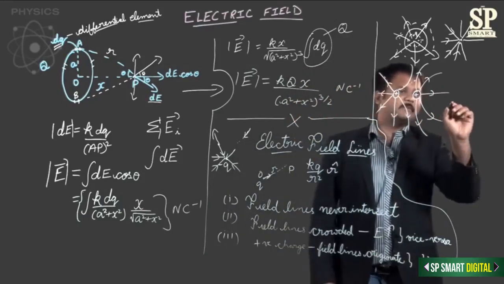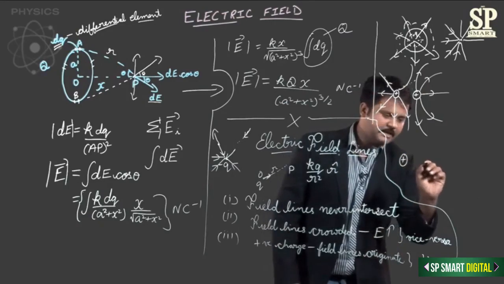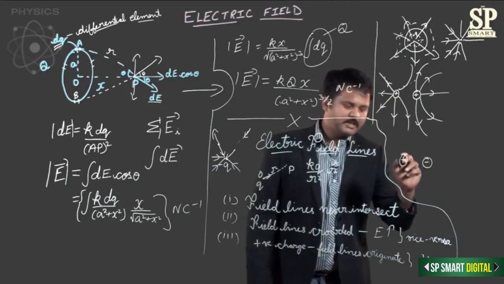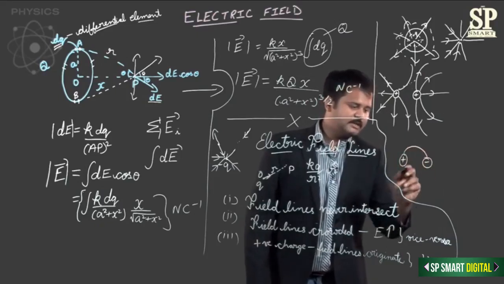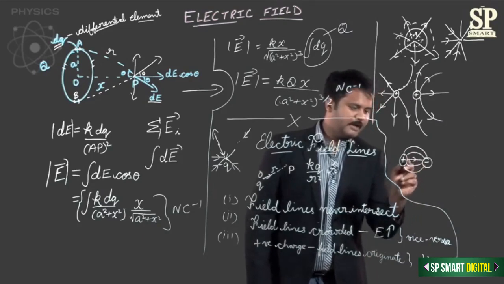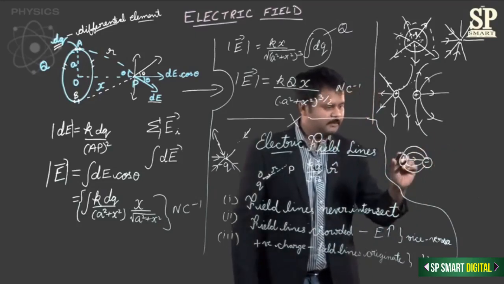Let's take a plus and minus charge now. I'll draw it here this time. I have this plus charge and this minus charge. So the field lines will originate from the plus charge and go to the minus charge. We can draw something like this, and they will be present in these directions also, because the field line due to this is in this direction and due to minus is also in the same direction.